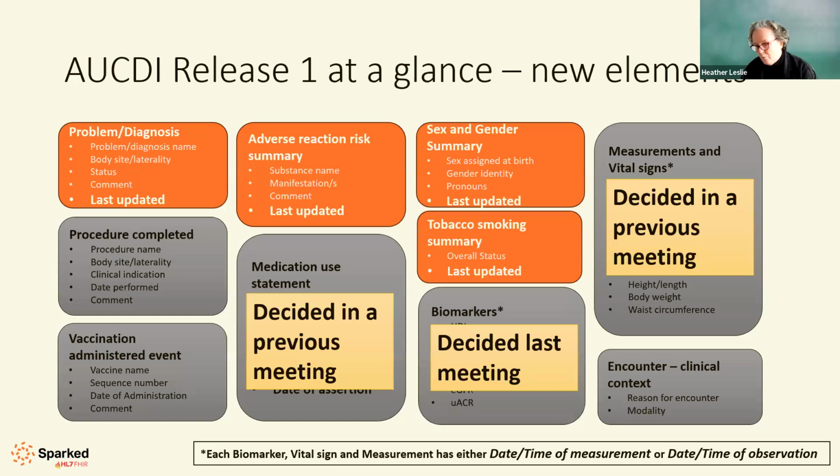Adverse reaction risk summary, if you get a new reaction that you need to record, it will be another reaction event that would be added to this with new manifestations. The sex and gender summary may well also be updated over time as the situation changes. Tobacco smoking summary is currently just this overall status, but over time, as you go through episodes of not smoking during pregnancy, etc., you may have different statuses.